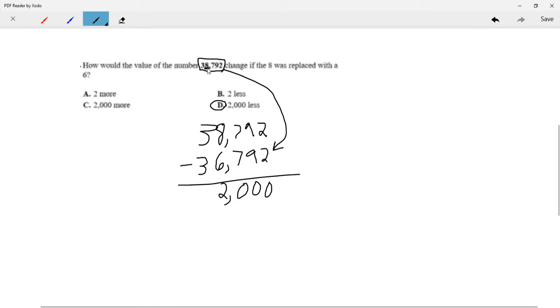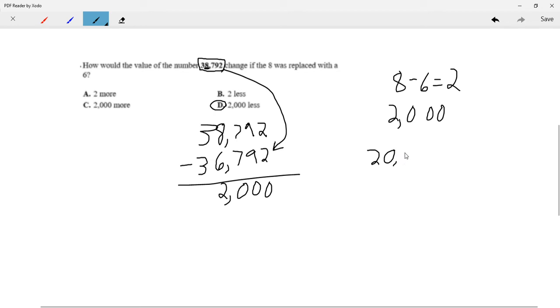So if I change an 8 to a 6, I can really just do 8 minus 6 equals 2, and then since it's in the thousands place, it would be 2,000 less.